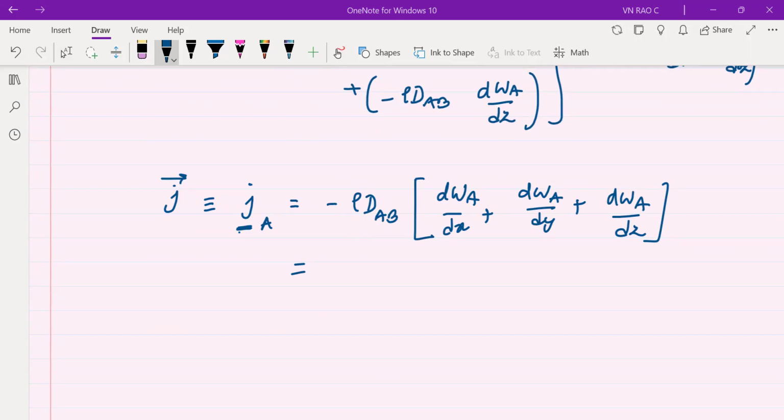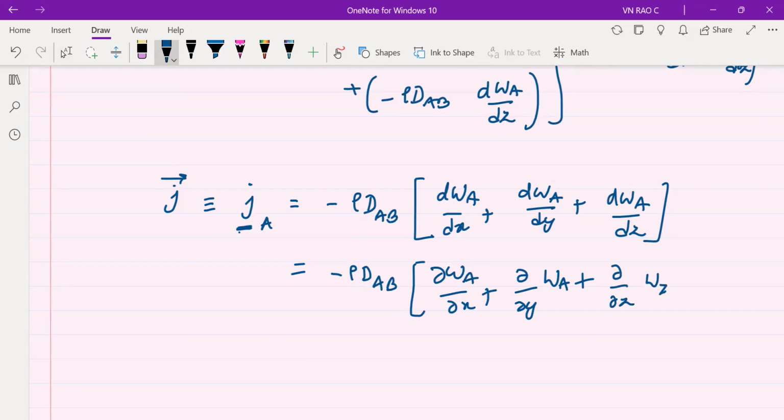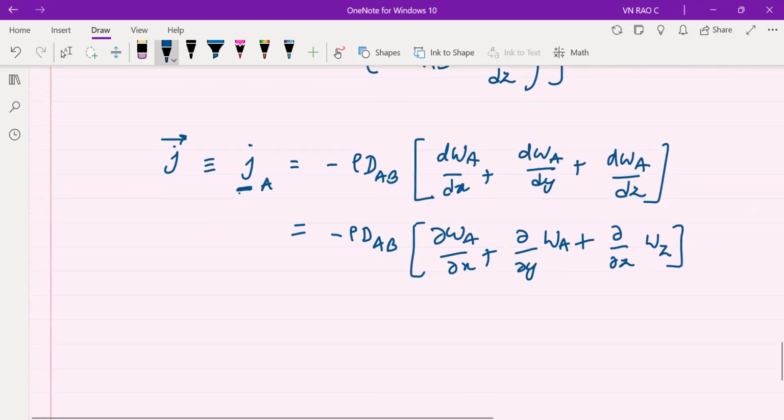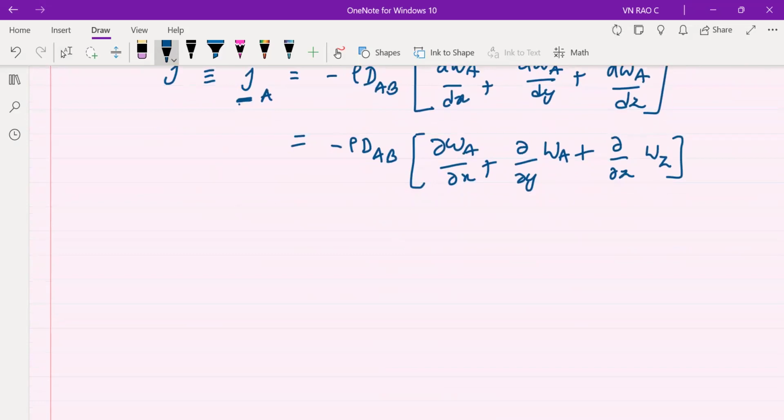Now when we say three directions, we cannot write the ordinary differential. We should write actually D, dou W by dou X plus dou by dou Y plus dou by dou Z. Because we are considering three directions, we should write it in this form.